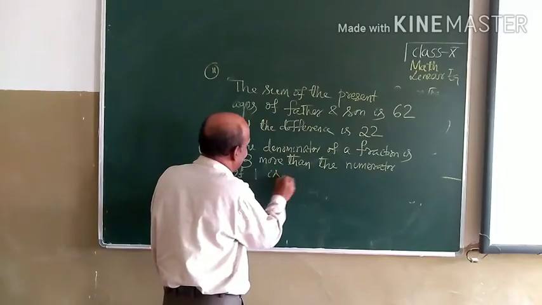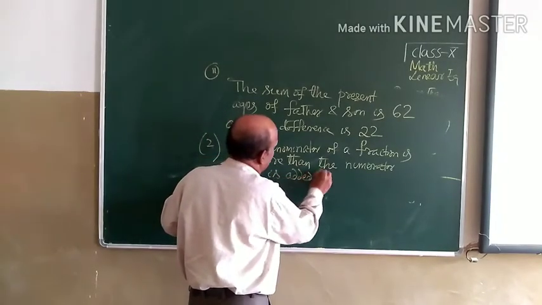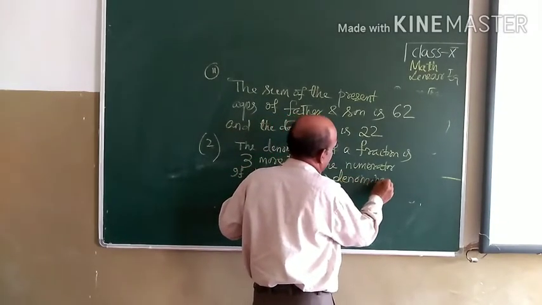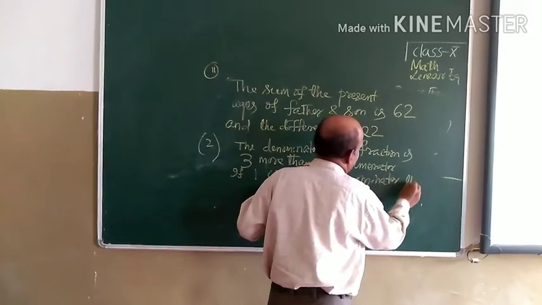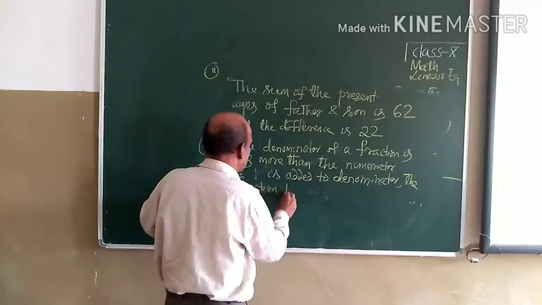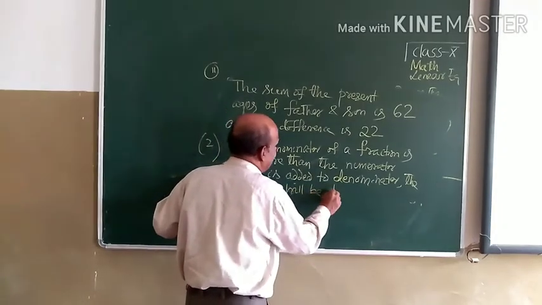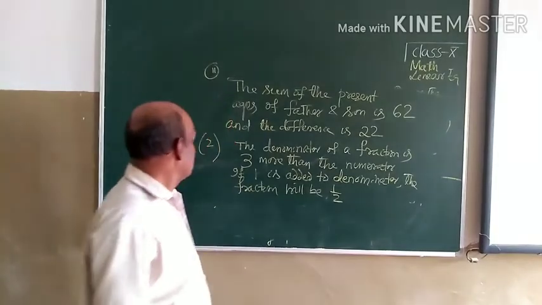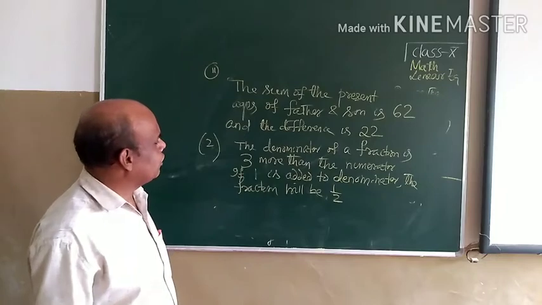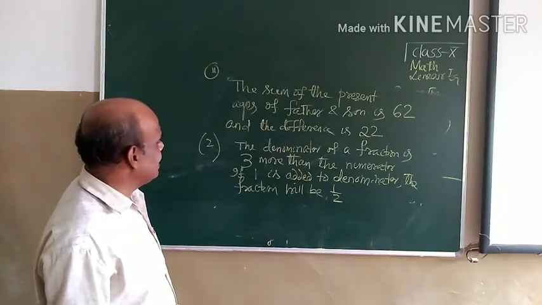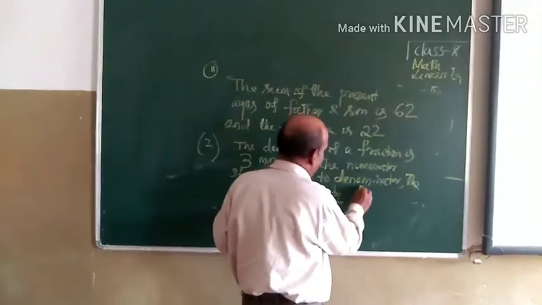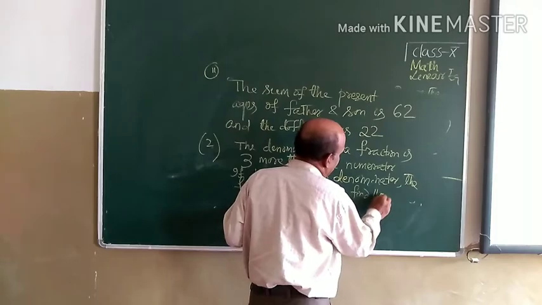If 1 is added to the denominator, the fraction will be 1/2. Again I am reading the question. The denominator of a fraction is 3 more than the numerator. If 1 is added to the denominator, the fraction will be 1/2. Find the fraction.